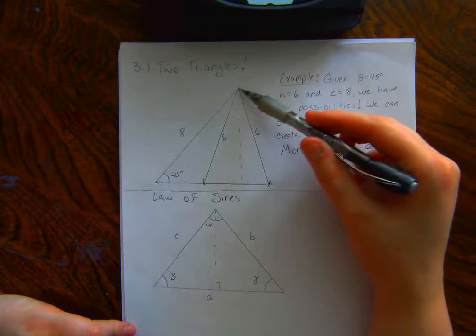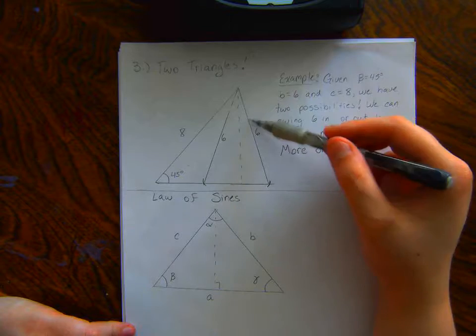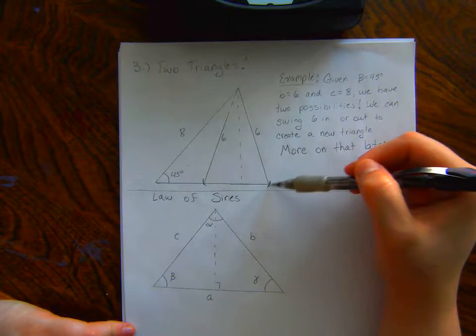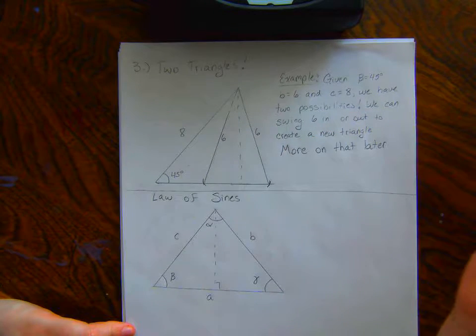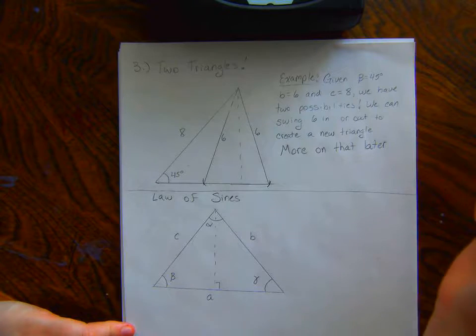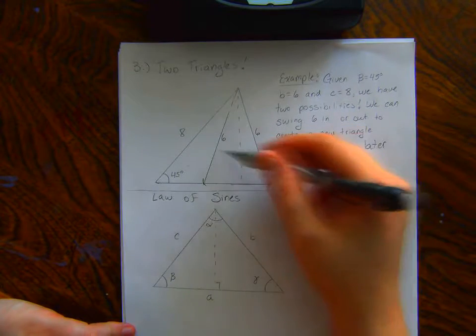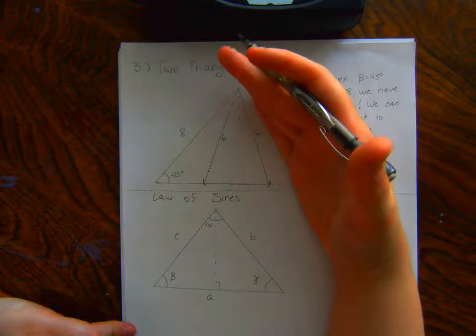We can either let B rest out here, let our 6 leg rest out here, or we can swing it in and let it rest right here. I'm actually going to have a demonstration in the next video that's really going to make this a little bit more clear, how we can swing this in and have one triangle, swing it out and have another triangle.